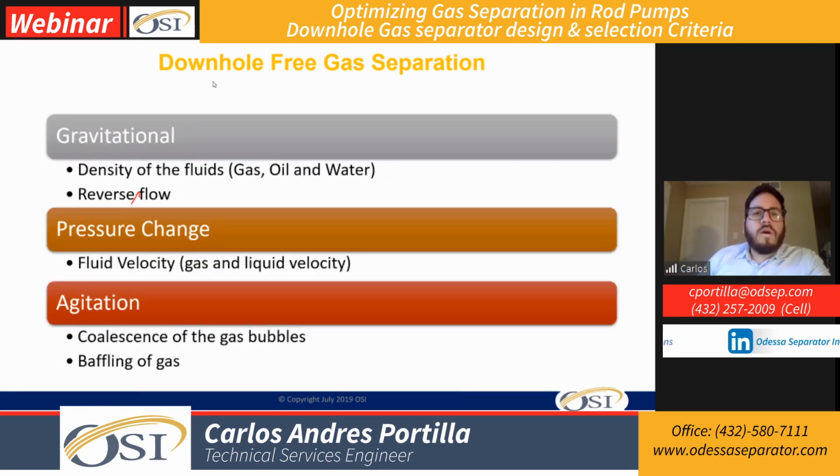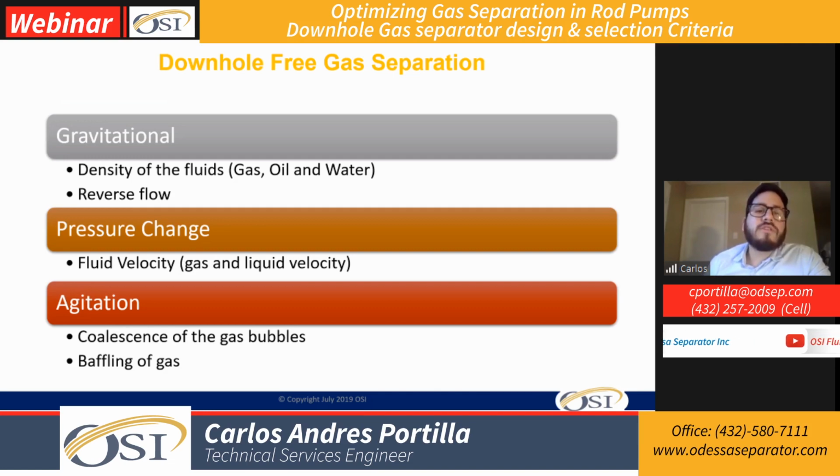So, what principles are we going to be using in every single gas separation system known today? Okay, we'll be using gravity, basically the difference in densities will help us to separate gas.